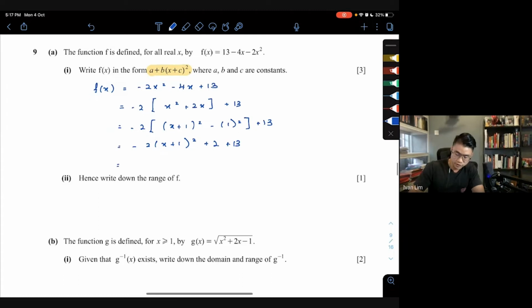We write it as how they want in the A, B, and C form, so we can write it as 15 minus 2 (x plus 1) squared. A equals 15, B equals negative 2, C equals 1.